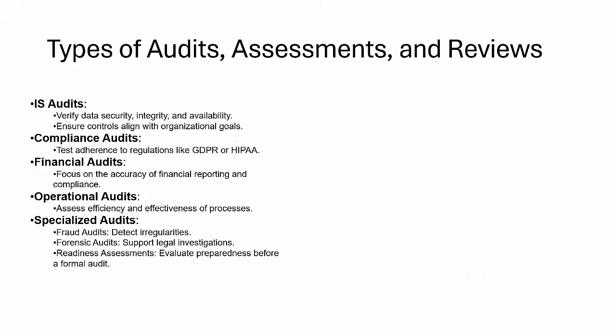So the next part is called types of audits, assessments, and reviews. Before I jump into the types of audits we have according to CISA, let me first explain what is an audit, what is an assessment, and what is a review. An audit is a formal, independent examination of any organization's system. Like, I'm doing an independent audit.